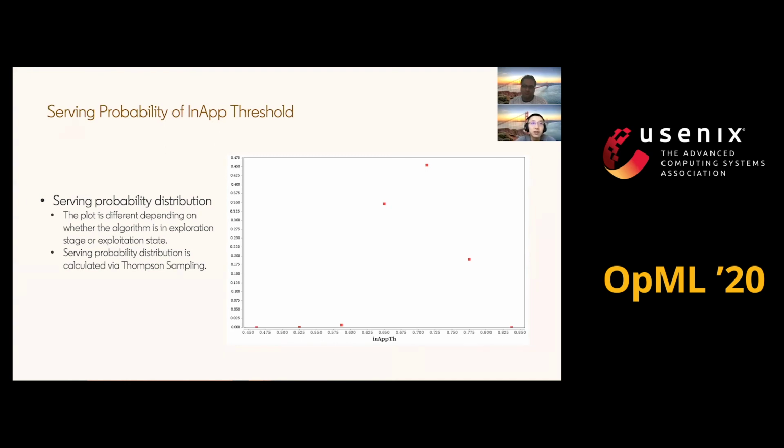The plot is different depending on whether the algorithm is in the exploration stage or exploitation stage. In the exploration stage, the probabilities are evenly distributed. In the exploitation stage, as the plot shows here, Thompson sampling is used to compute the probability. We can easily see that the optimal threshold is around 0.725.